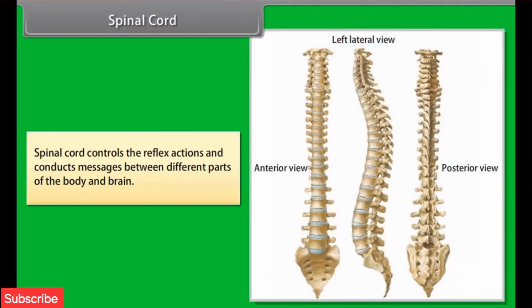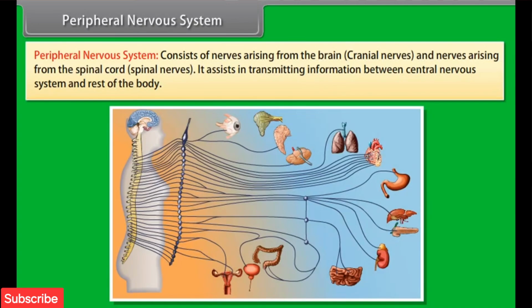Spinal cord controls the reflex actions and conducts messages between different parts of the body and brain. Peripheral nervous system. The peripheral nervous system consists of nerves arising from the brain, cranial nerves, and nerves arising from the spinal cord, spinal nerves. It assists in transmitting information between the central nervous system and the rest of the body.